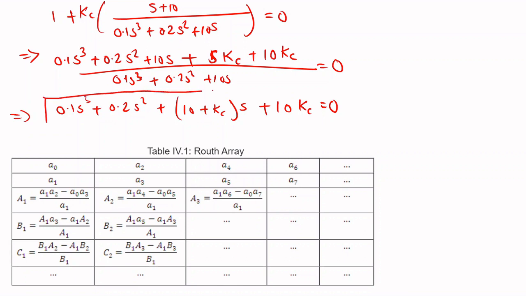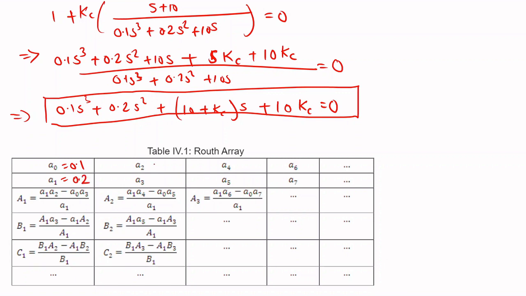This is the polynomial we will be getting, and using the Routh array the system will be stable if the values of all these coefficients in the first column are greater than 0. So over here A0 we are having it as 0.1, A1 we are having it as 0.2, A2 is 10 plus Kc, and A3 is 10 Kc. The rest, this A4, A5 will be 0.